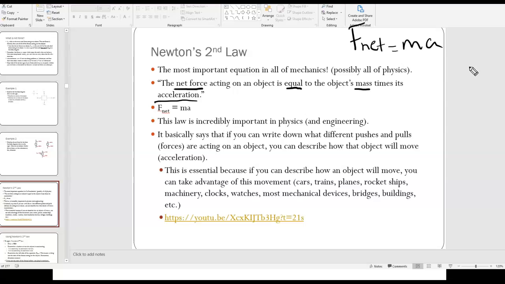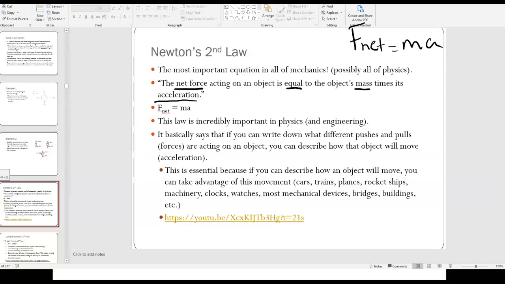In other words, if you can somehow write down what different pushes and pulls are acting on an object, then you can describe how that object will accelerate. And if you know the acceleration, then you can also figure out the velocity and the displacement of that object. Okay, so this is the connection between force and kinematics.